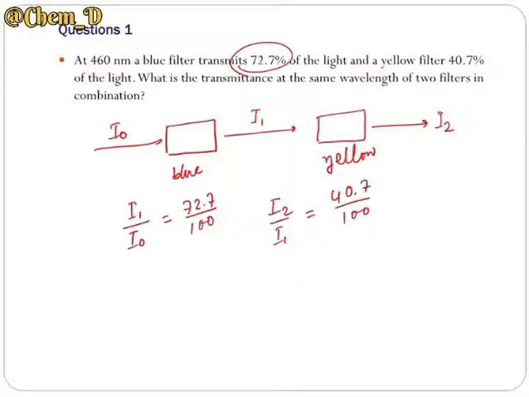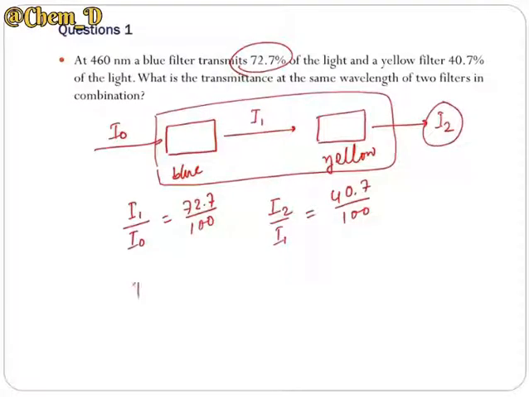Now if these two filters are there, then the transmittance will be I2 by I0, and this I2 by I0 can be written as I1 by I0 into I2 by I1.